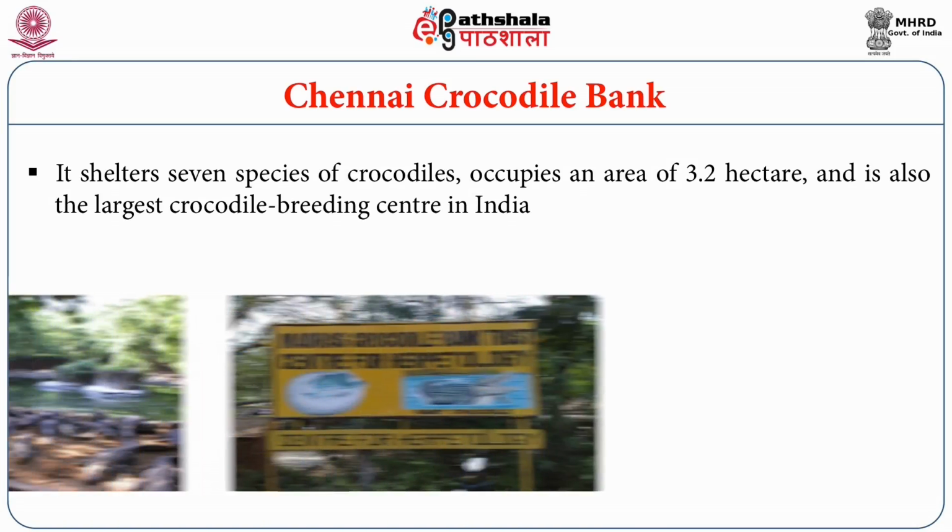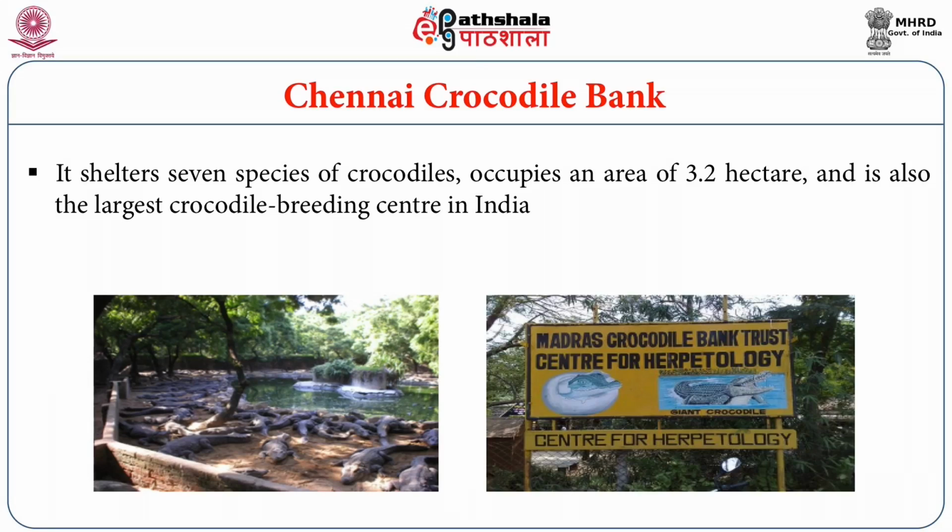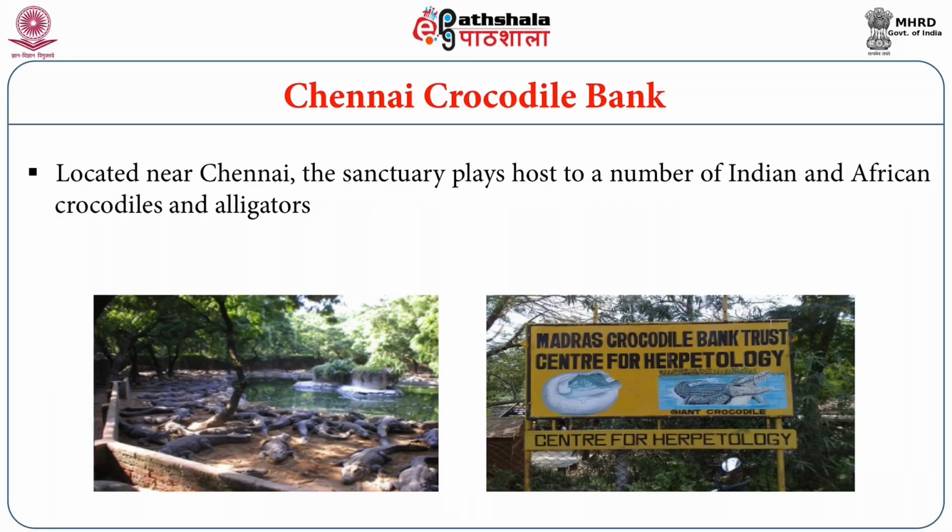It shelters 7 species of crocodiles, occupies an extent of 3.2 hectares, and is also the largest crocodile breeding center in India. Located near Chennai, the sanctuary plays host to a number of Indian and African crocodiles and alligators. It is popular with tourists of all sorts, but basically nature tourists.